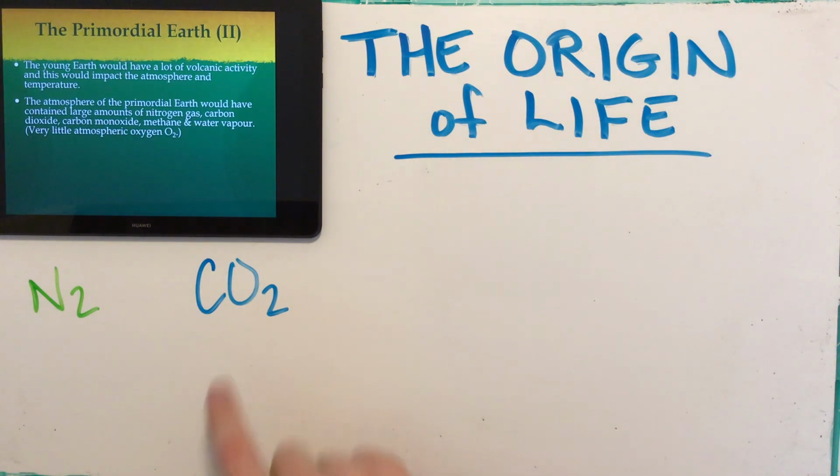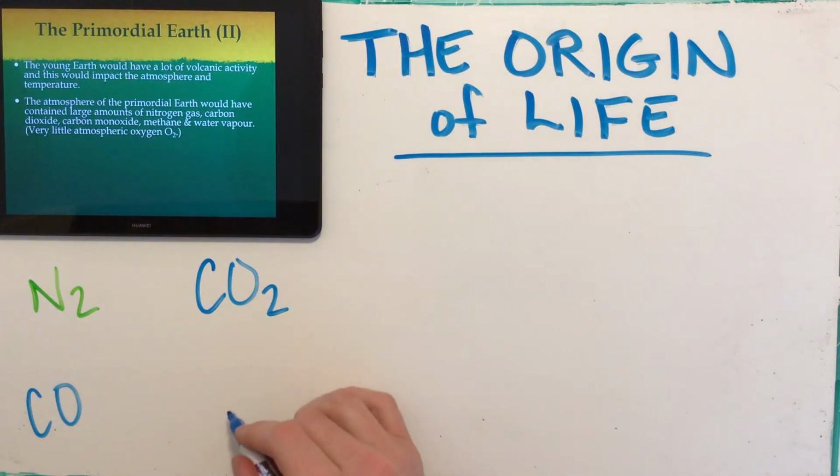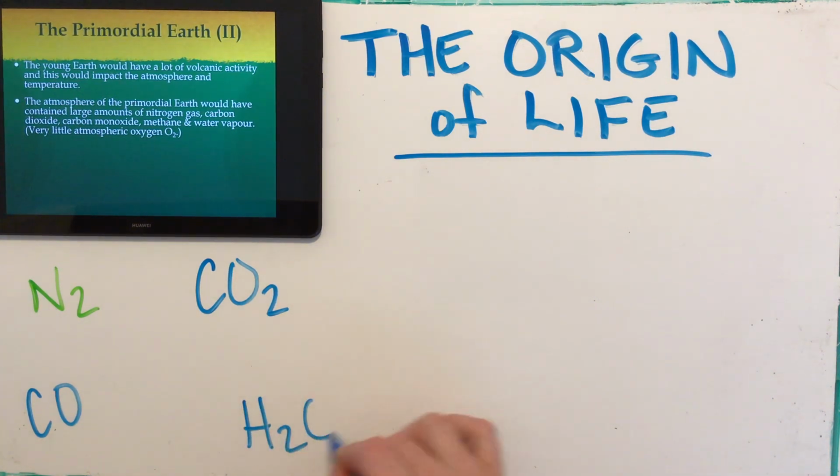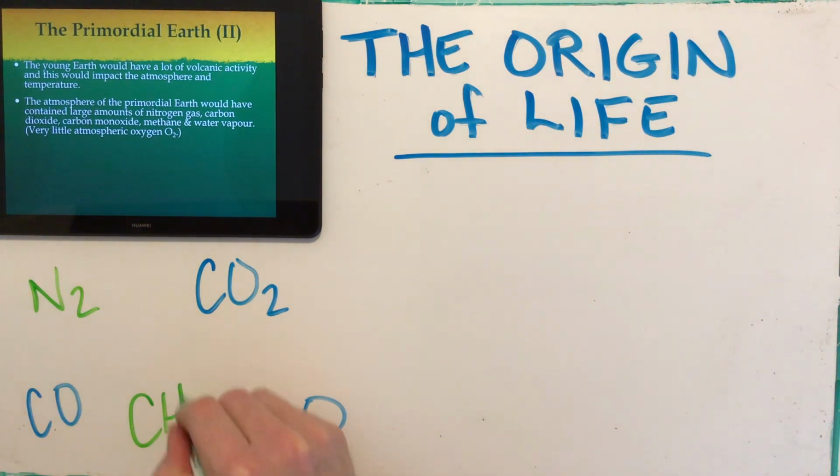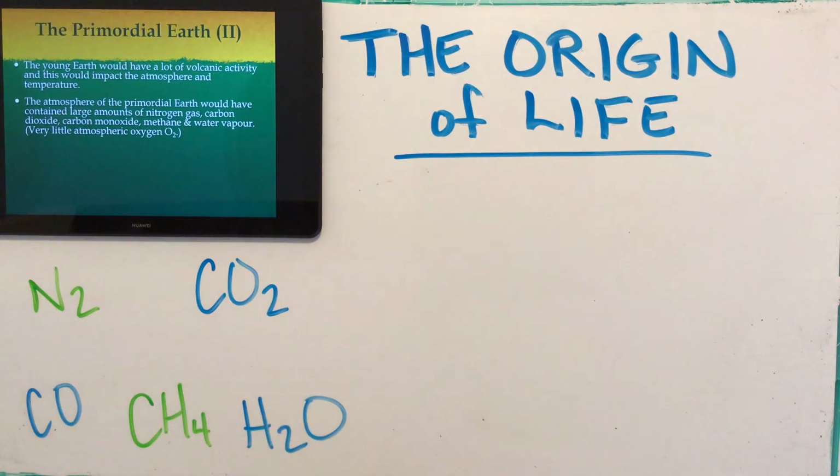So with all the volcanic activity, there would have been a lot of CO2, as well as carbon monoxide, and of course water was there, we know that. And another gas, methane. Methane is CH4. That's probably the one you may not have known the formula for.